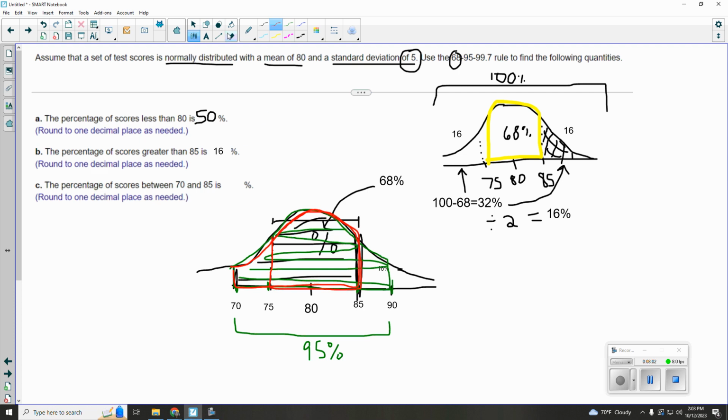So one thing we could do is say 95% minus 68%, and that's going to give us this piece and this piece, right? 95% minus 68% is going to give us these two pieces right here. Now, 95 minus 68 is 27%.